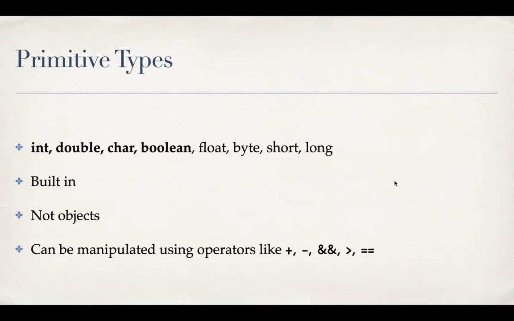There are 4 others. There is a float, byte, short, and long, similar to several other languages in the C++ family. These are all built-in types, as in the types are implemented in the language, and these are not objects. Even though Java is an object-oriented language, these types, primitive types, are not objects.